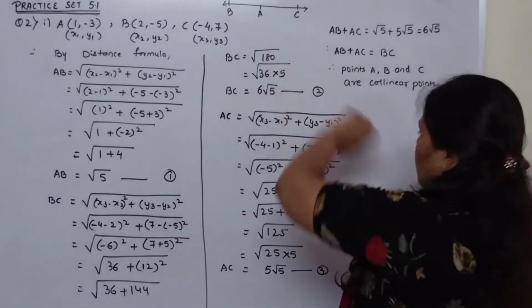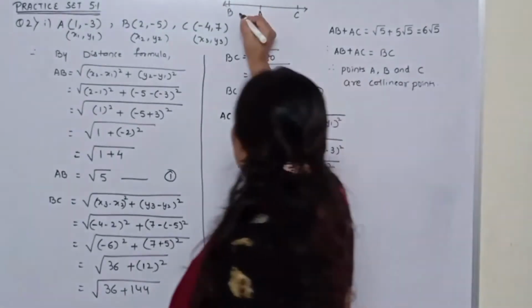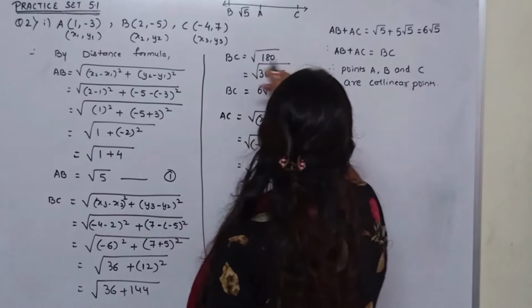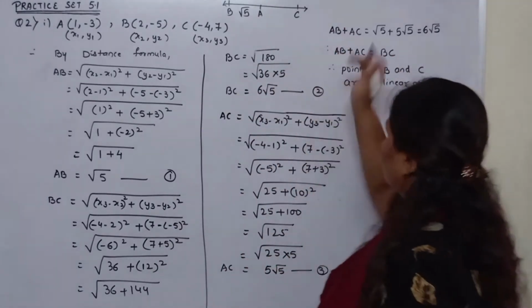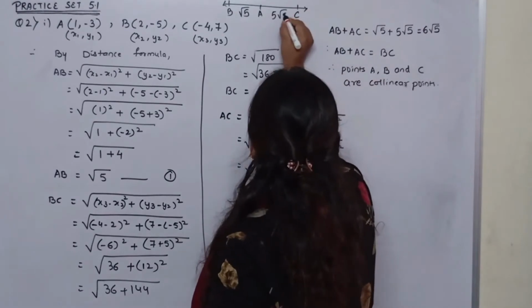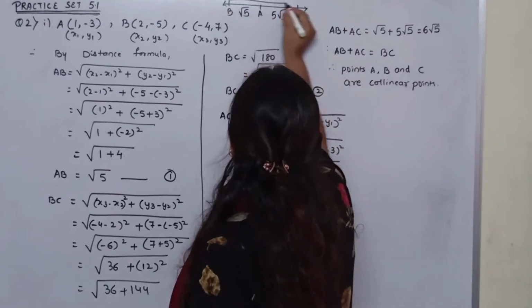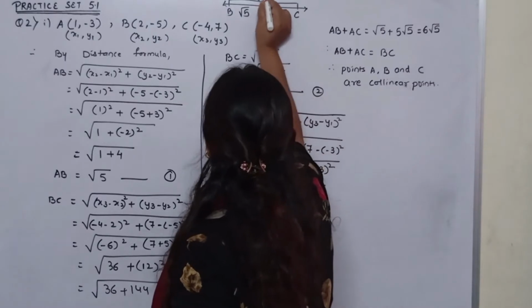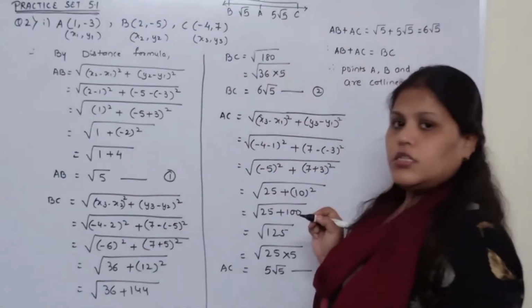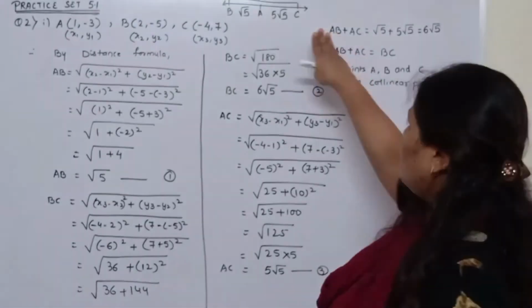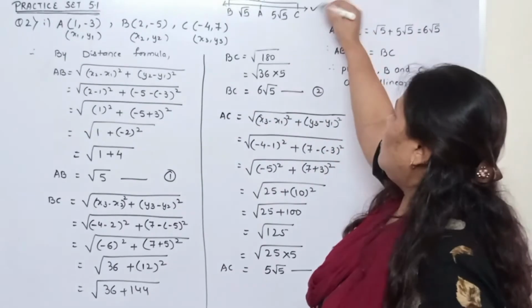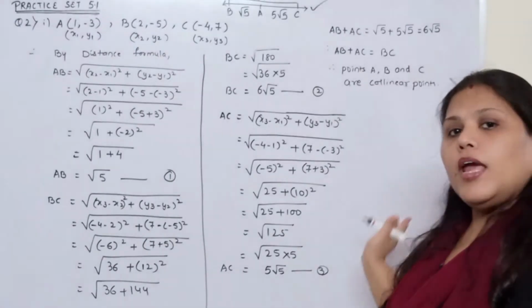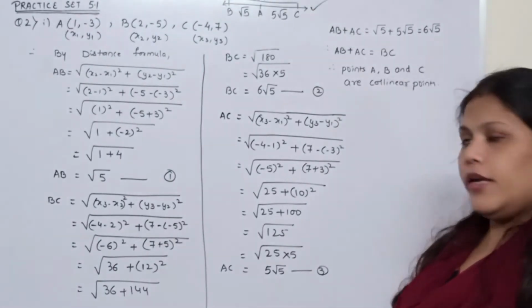AB is root 5, AC is 5 root 5, and altogether BC is 6 root 5. If the question is asked in the exam like this, you can solve it by drawing the line which is provided here. Okay, so take a snapshot and then we'll see the next sum.